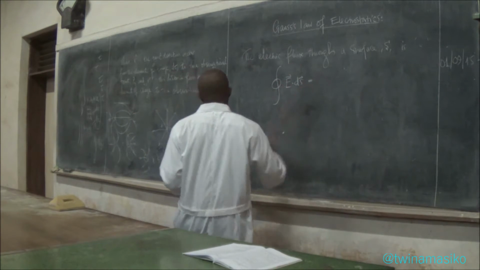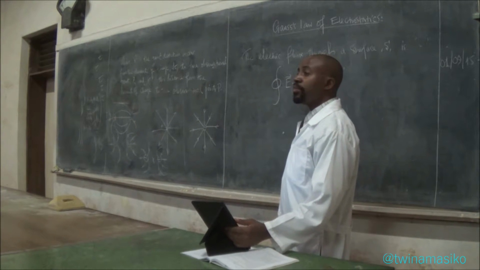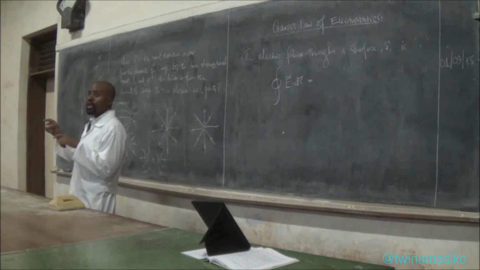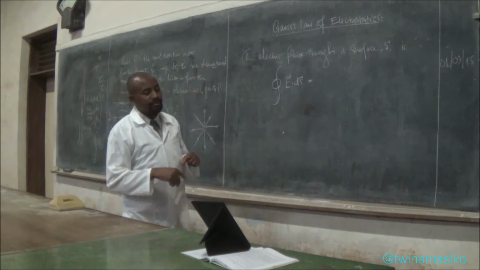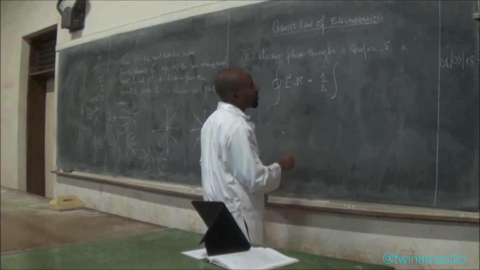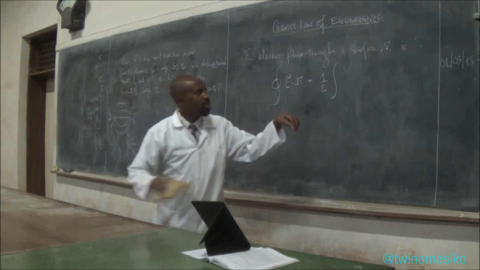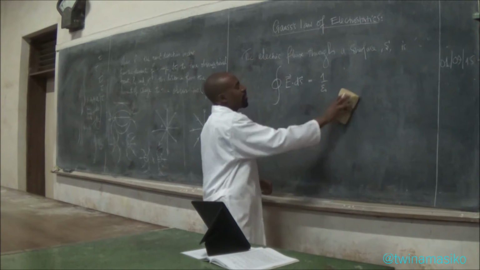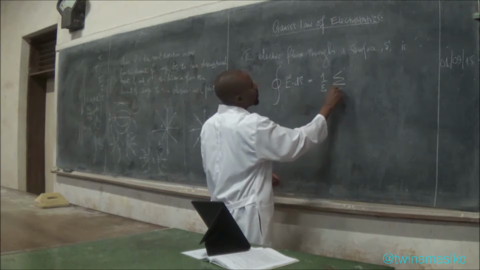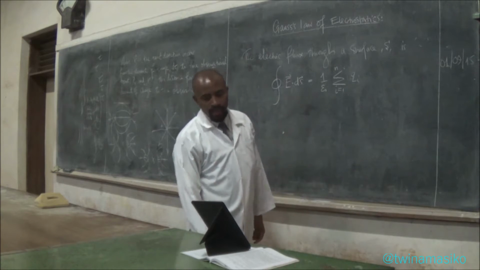That is the way these are related. And then depending on how many charges are in this distribution, we have 1 over epsilon naught times, if we are having discrete charges around, a summation from i equals 1 to n of Q_i.